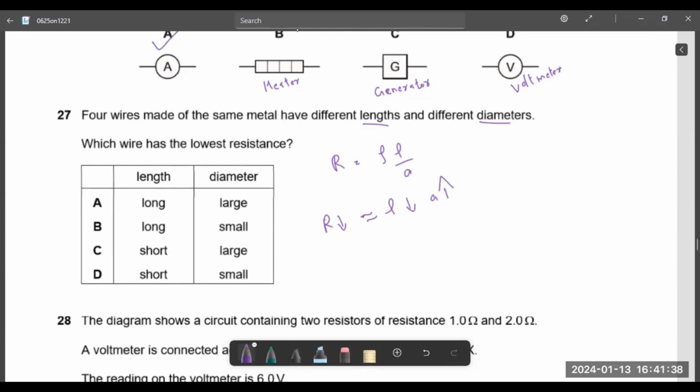Area is more means diameter should be more. Length should be short and diameter should be large. C is the right choice.